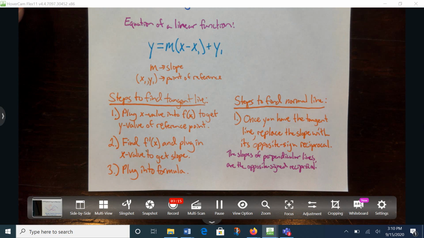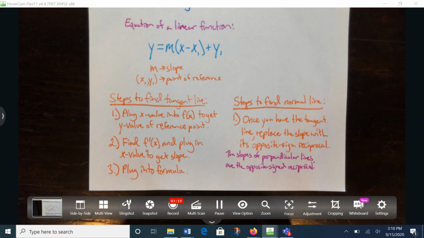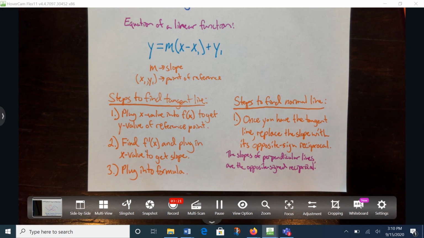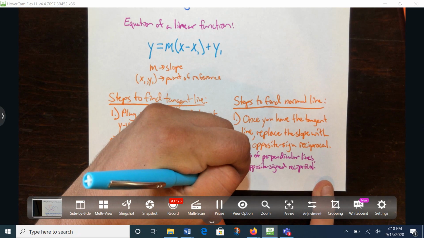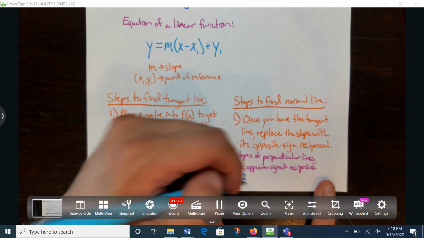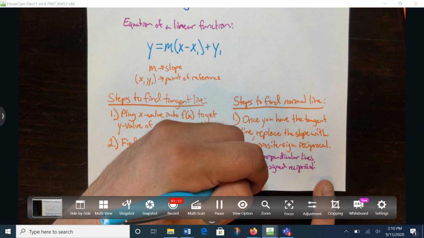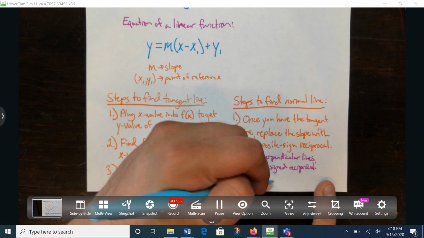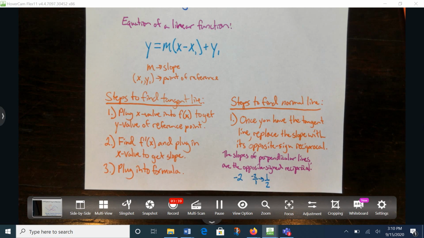So for instance, let me do a different color. Say we have negative 2 as our slope. Well, negative 2 is really negative 2 over 1, and so the opposite sign reciprocal would be positive 1 over 2. So it would just be simple like that.